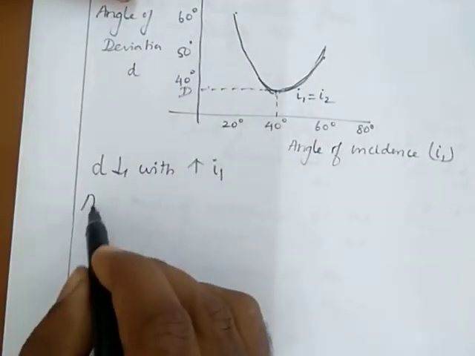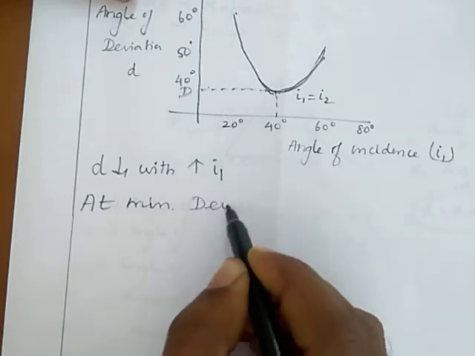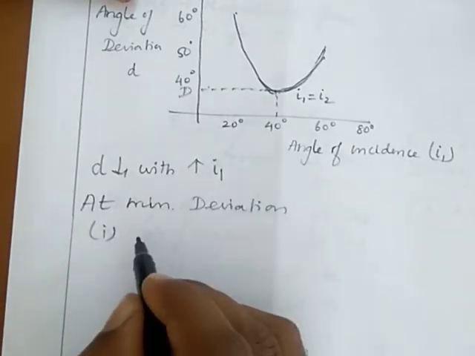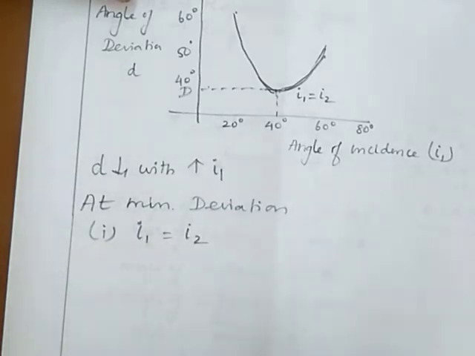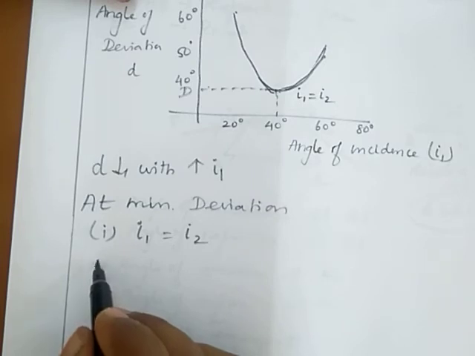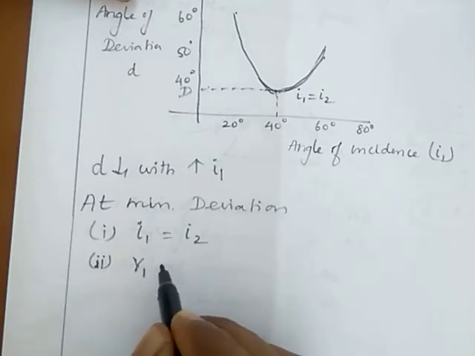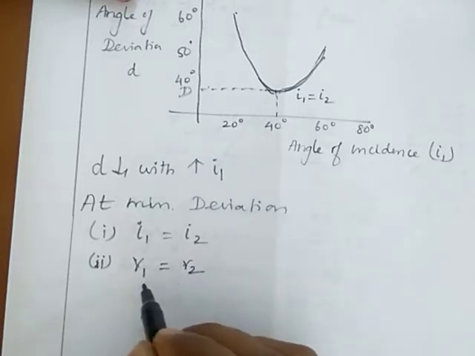At minimum deviation, the first thing is the angle of incidence is equal to angle of emergent. The second thing is the angle of refraction in the first face is equal to angle of incidence in the second face, R1 is equal to R2.